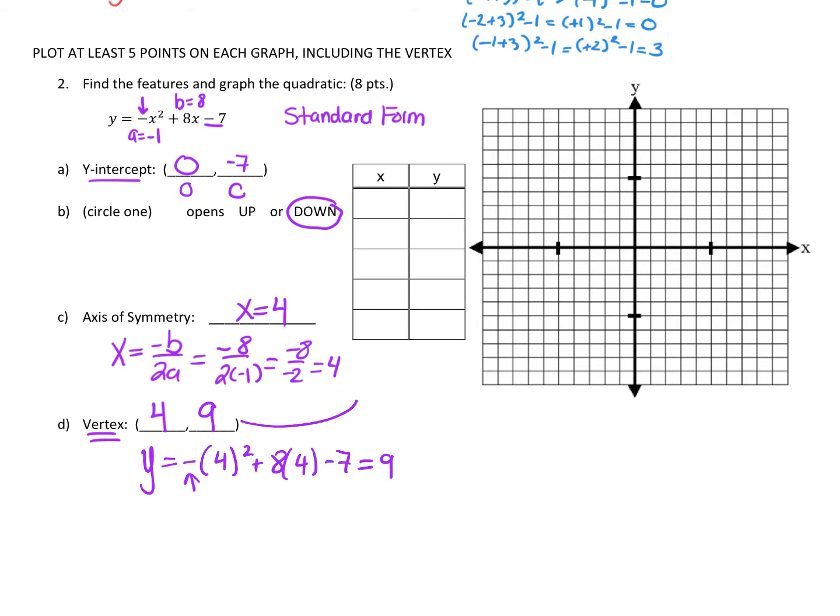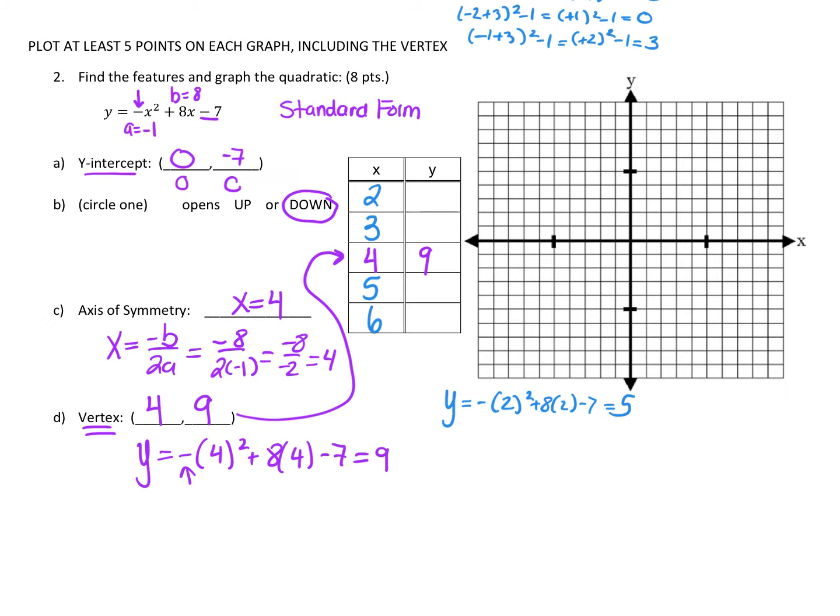And then I'm going to take this vertex, I'm going to put it right here in the middle of my table, 4, 9. And then I'm going to build a table around this. And then I'm going to plug in each of the numbers into the equation. I can just type those in my calculator. And I would get 5.